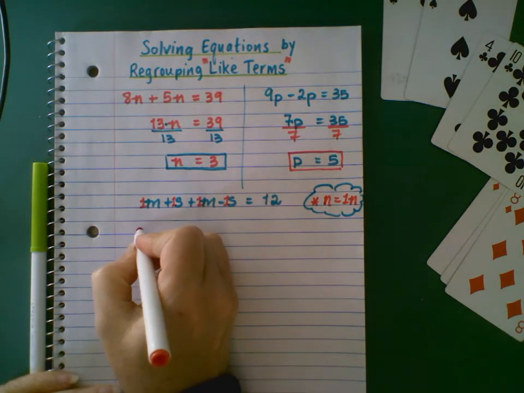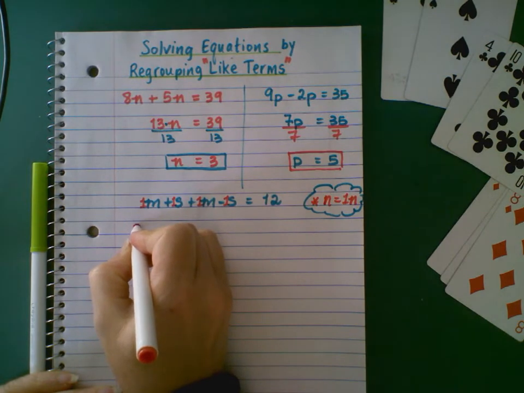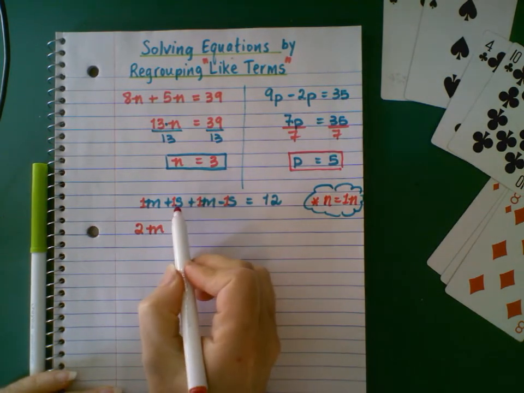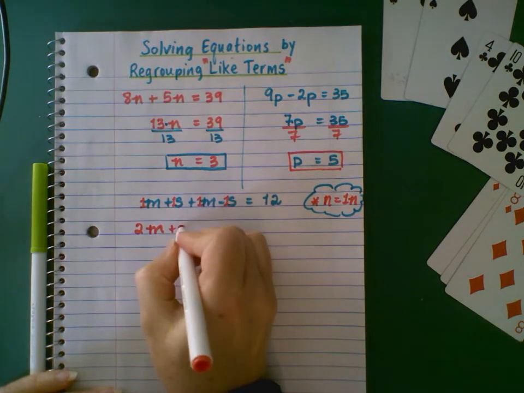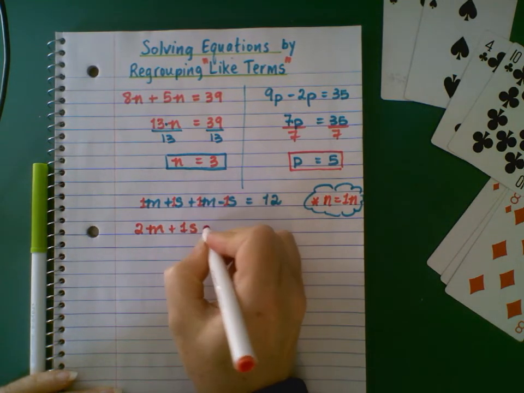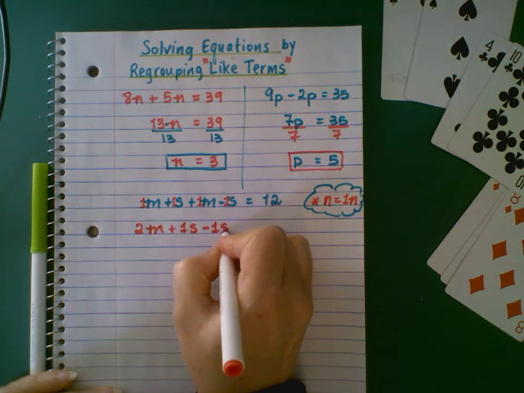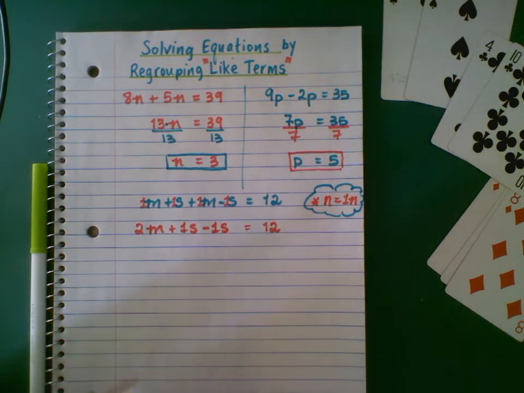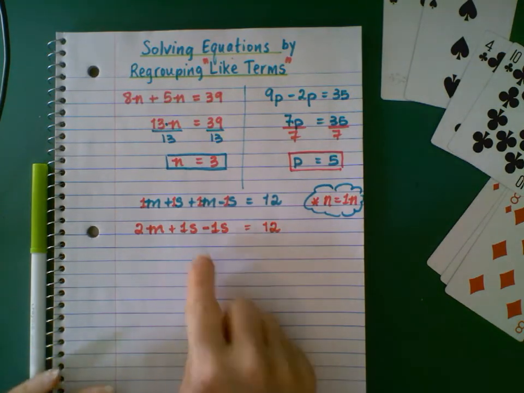Okay, so I've got 1m plus 1m. I can combine those together. That's 2 m's. And I've got 1s and minus 1s. I've not done anything to the right-hand side of this equation, so I'm going to leave it as 12.